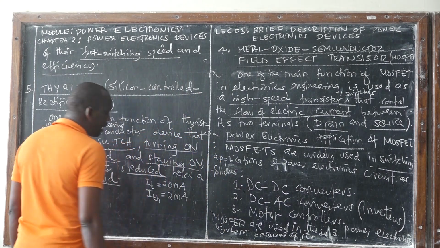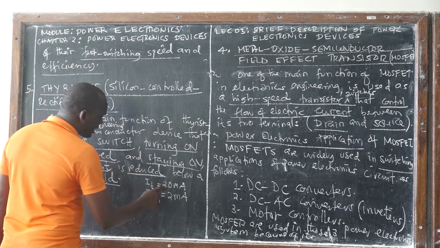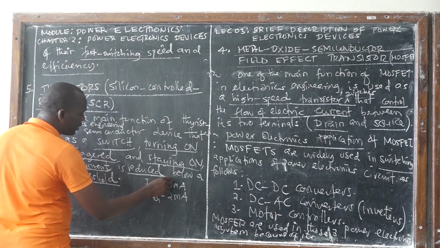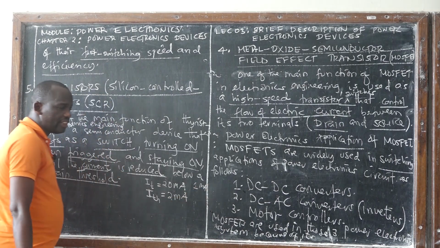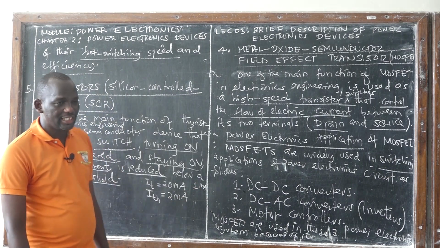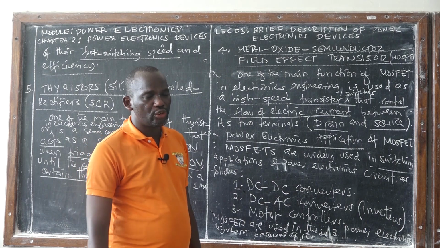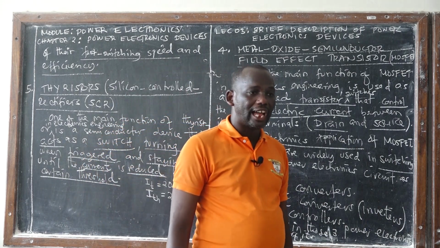Suppose that the current is reduced from 20 milliampere to 1 milliampere. Then in that case, the thyristor or the silicon controlled rectifier will turn off.